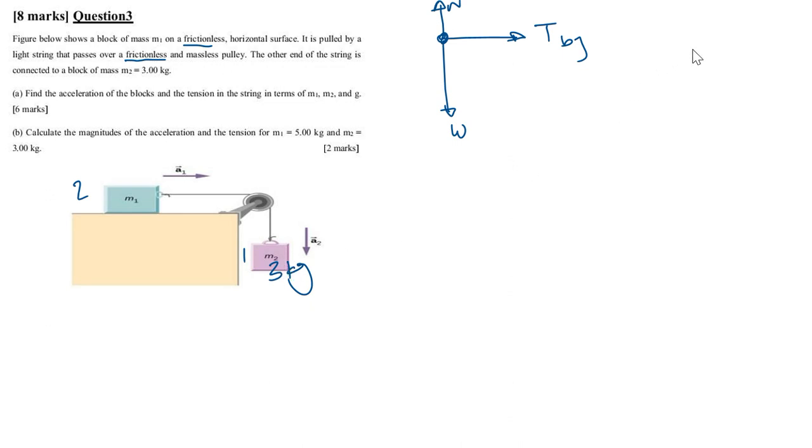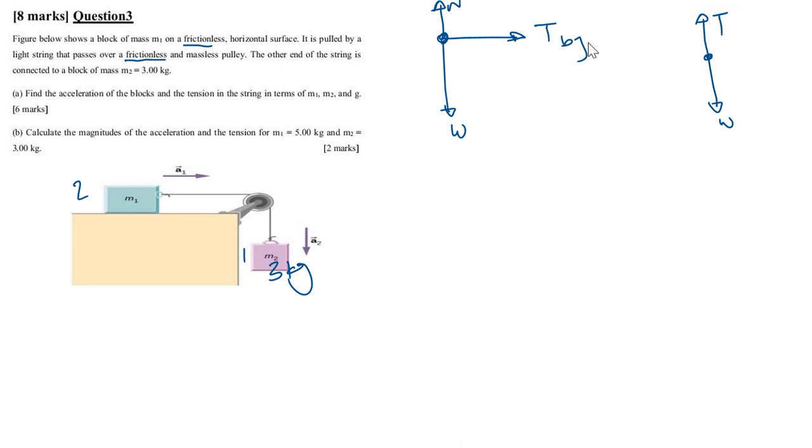This one, its free body is like this. It's suspended. If it's suspended, no normal. Remember, normal is a force by the surface. It's a reaction of the weight. Exactly, Newton's third law, action reaction, remember? And we have weight again, we have tension.